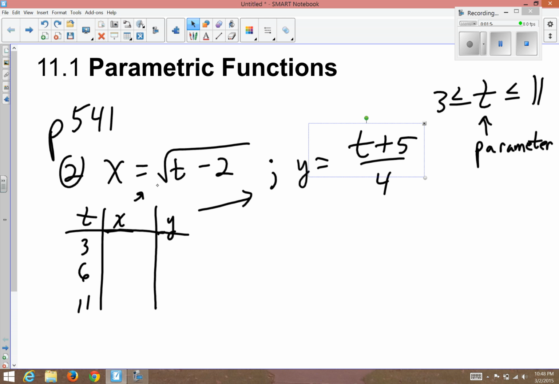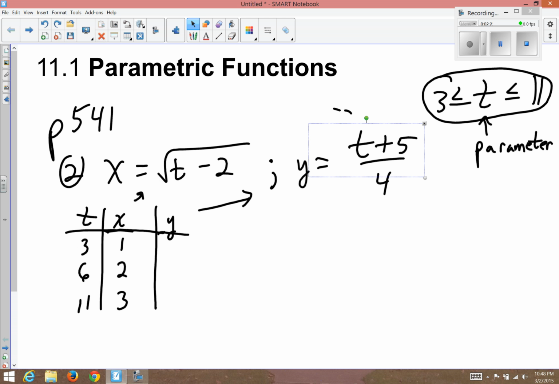Like 3 minus 2 is 1, and the square root of 1 is 1. 6 minus 2 is 4. The square root of 4 is exactly 2. 11 minus 2 is 9. The square root of 9 is 3. You could use other numbers. They have to be between 3 and 11. But you'll see these will be enough to get what we want.